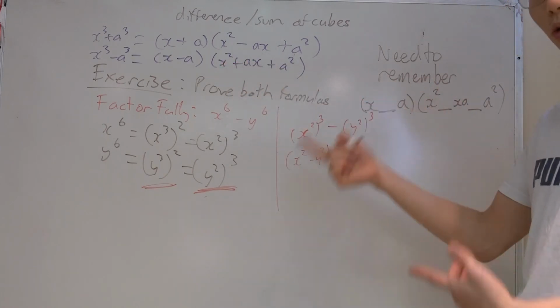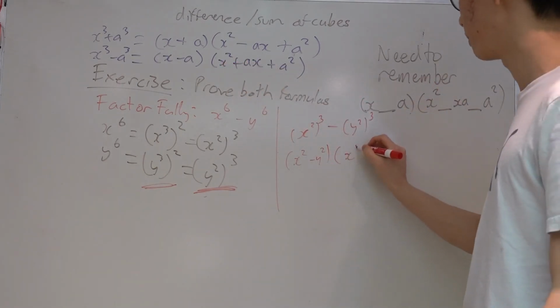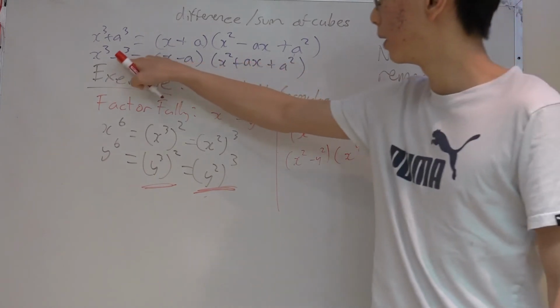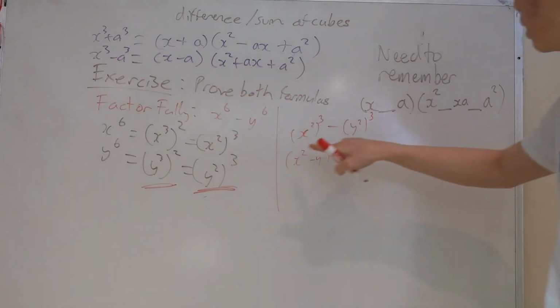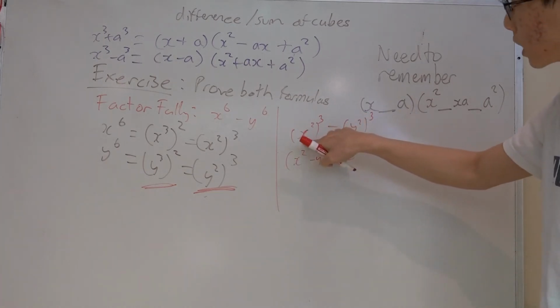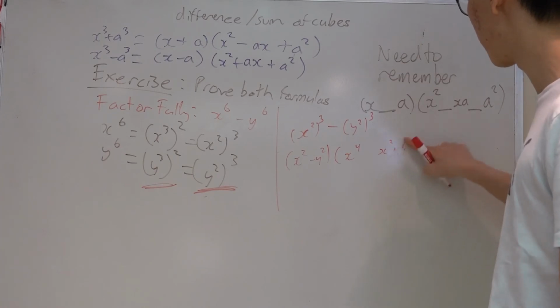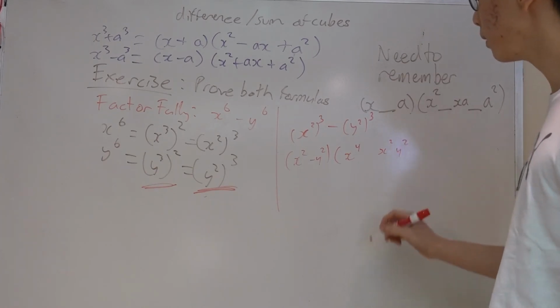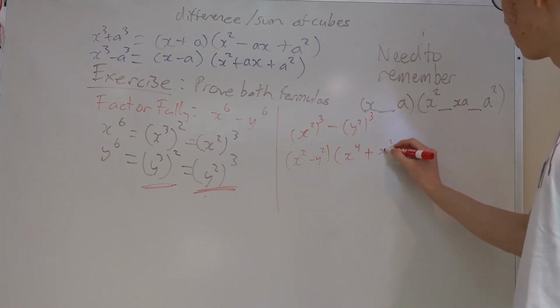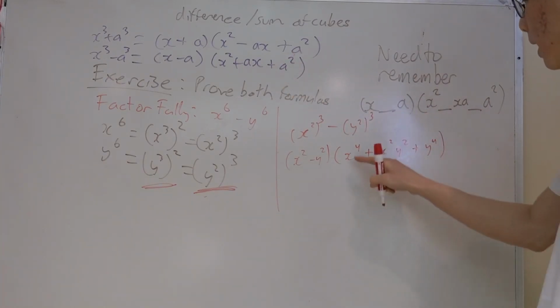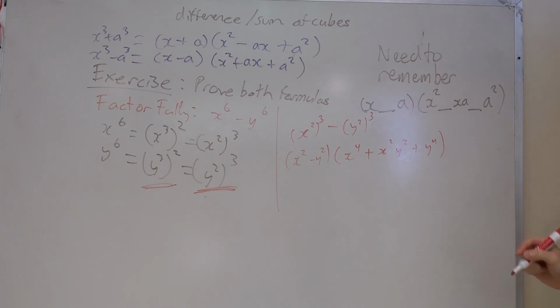So x squared squared is x to the 4. Okay? X to the 4 plus, okay, we have to multiply this a by the x, so we have to multiply y squared and x squared together. So that gives me x squared y squared. And then the plus here. And the last one is y to the 4. For the exact same reason as this one was x to the 4.